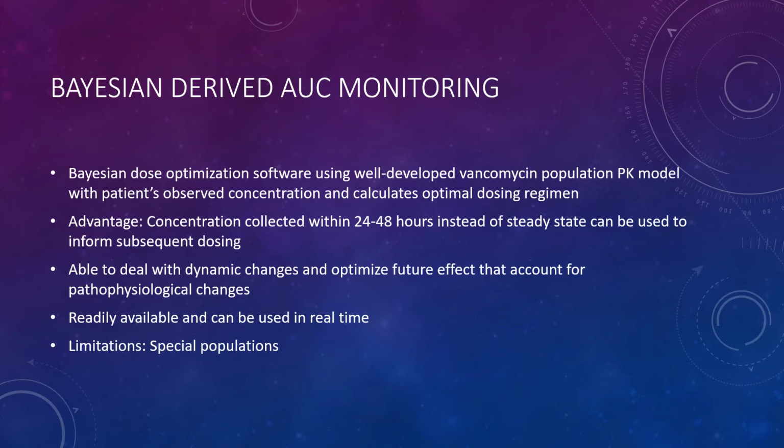So you're able to make changes earlier compared to waiting until later for that steady state. It's able to deal with dynamic changes, optimize future effects as well, and deal with real life situations. But of course, there are always limitations that can occur. This is not exactly applicable maybe to the obese population or pediatrics. So that's something we have to keep in mind.